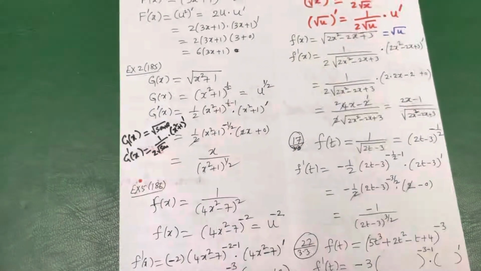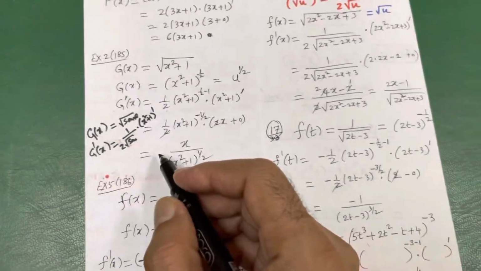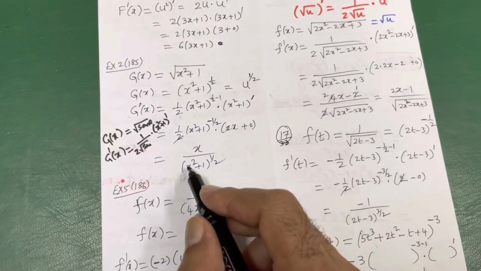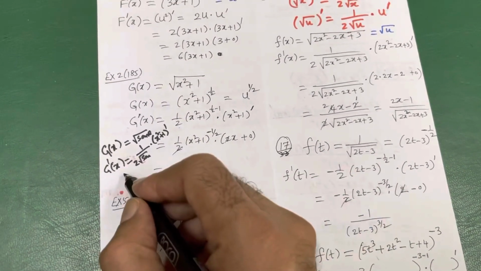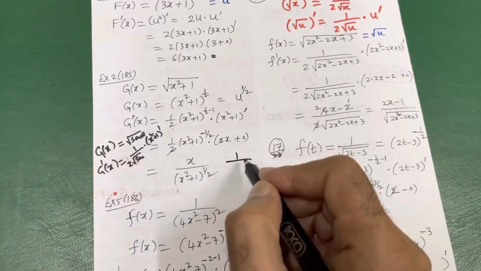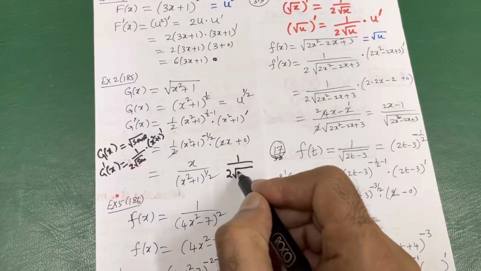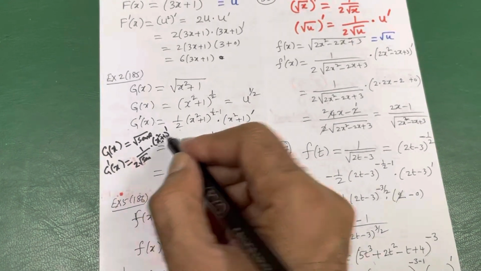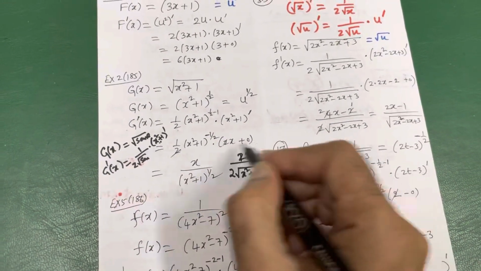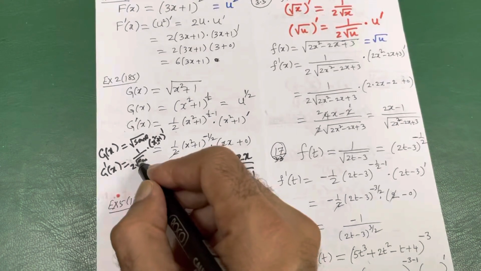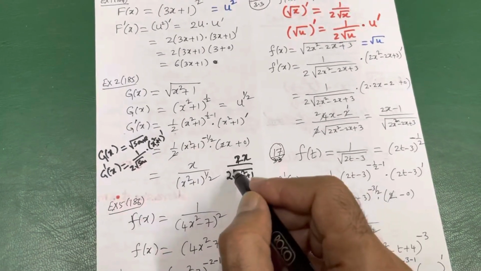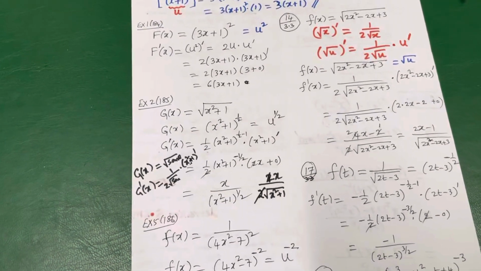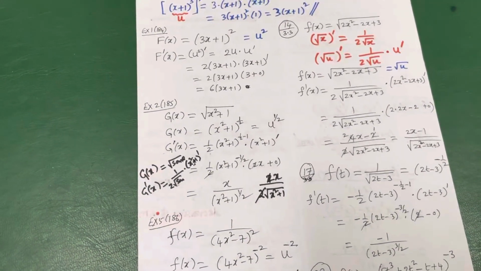So the answer will be 1 over 2 root of x square plus 1, multiplied by the derivative of x square plus 1, which is 2x. The 1 over 2 root something means x square plus 1. This 2 and this 2 cancel. See the answer, same answer, you get it. So it is quite simple if you remember it as the derivative of root of something.